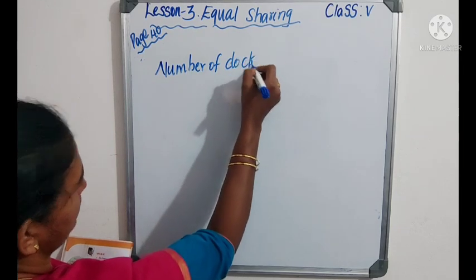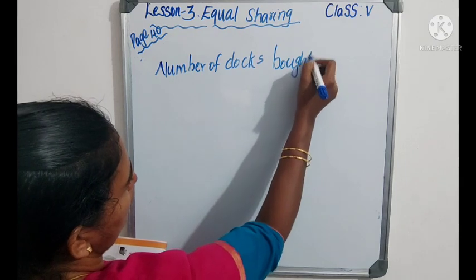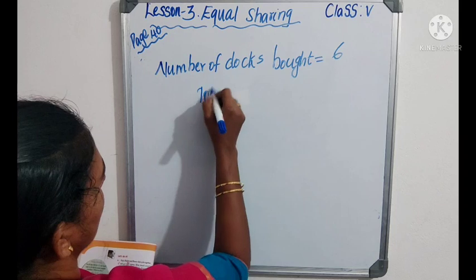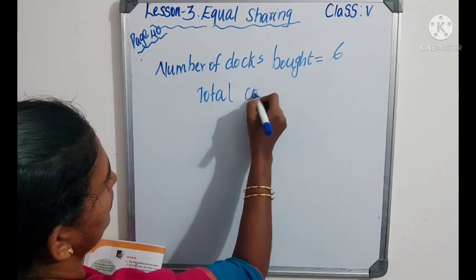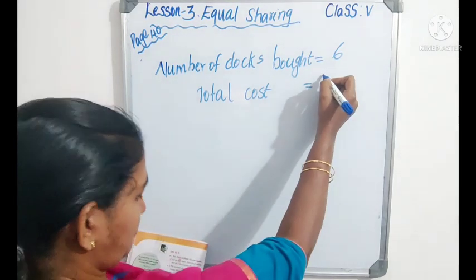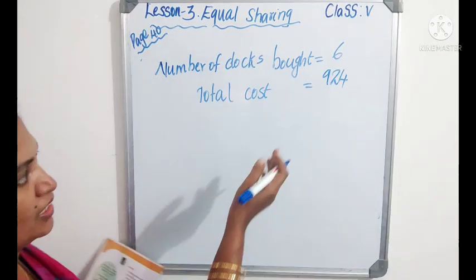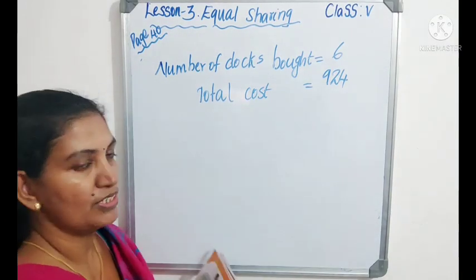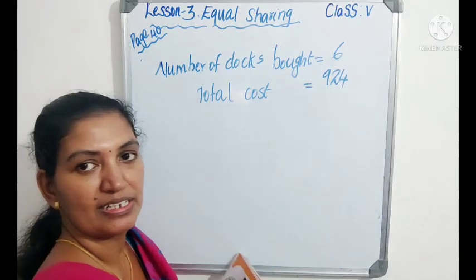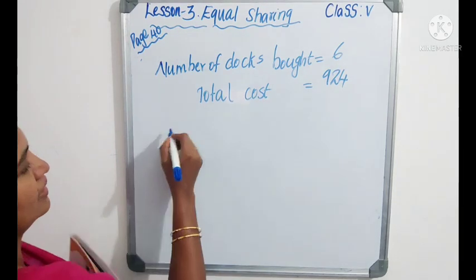Number of clocks bought is equal to 6, and the total cost of 6 clocks is 924. Then we have to find the cost of 1 clock. How can you find the cost of 1 clock? That is 924 divided by 6. Then we will get the cost of 1 clock. Okay.